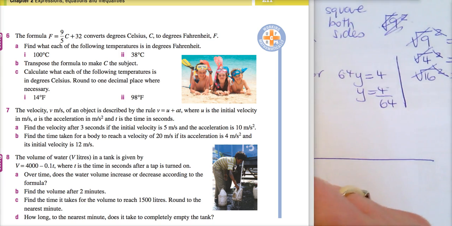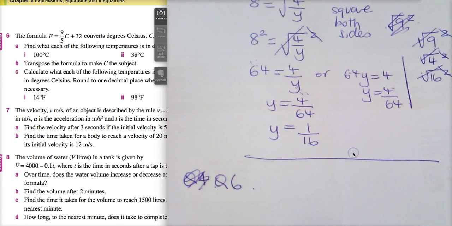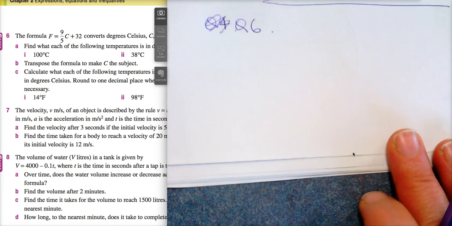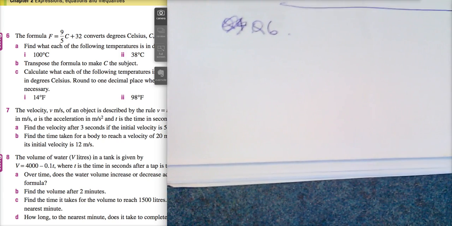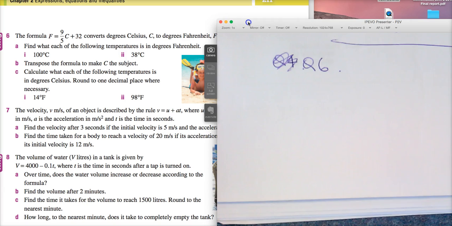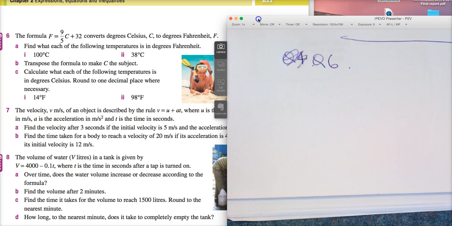Question 6. And question 6 says, girls, this is a really typical formula that a lot of people use. It's the formula to convert from Celsius to Fahrenheit. It says, the formula F equals 9 over 5C plus 32 converts Celsius to Fahrenheit.